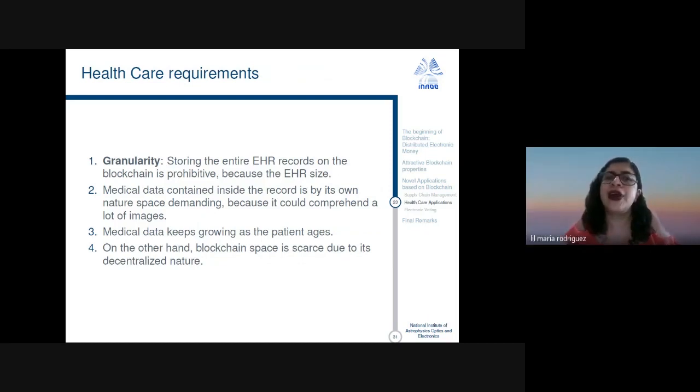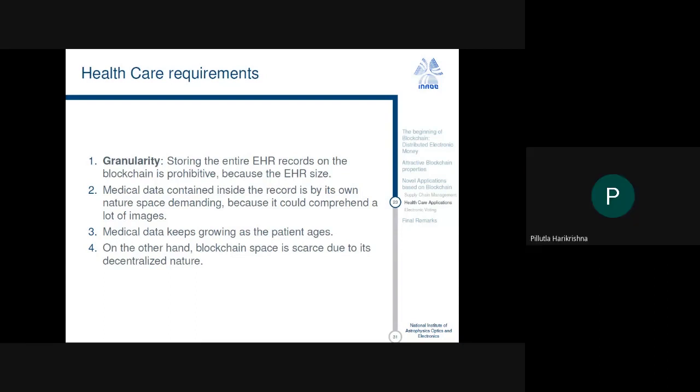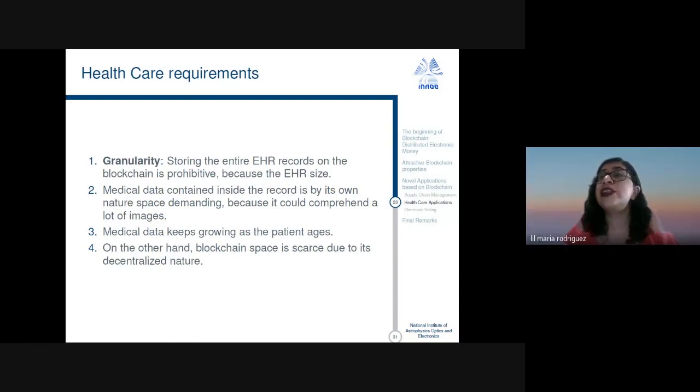And the other requirement that is very important in healthcare applications is granularity. Storing all the medical information is not possible, basically because of the size.